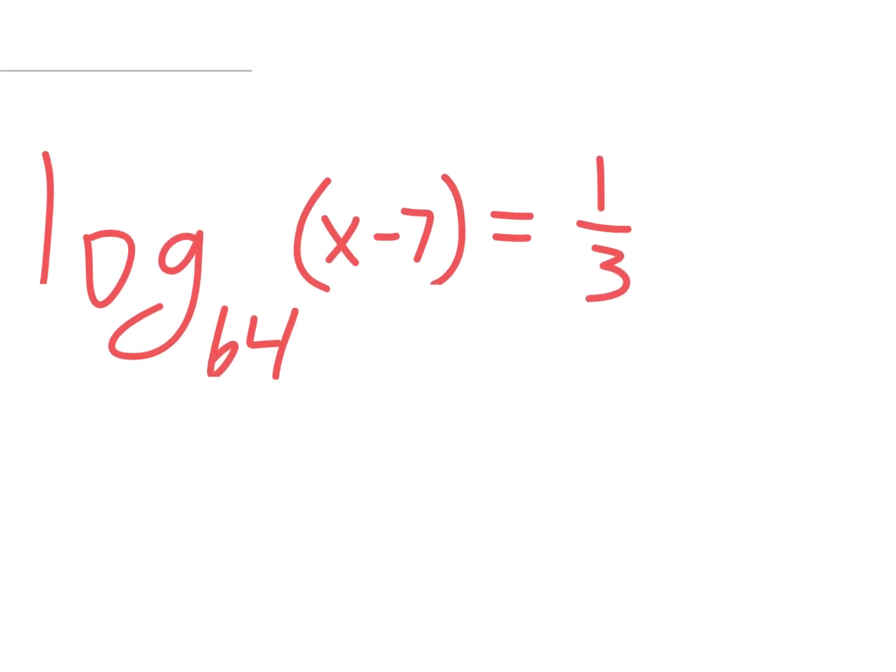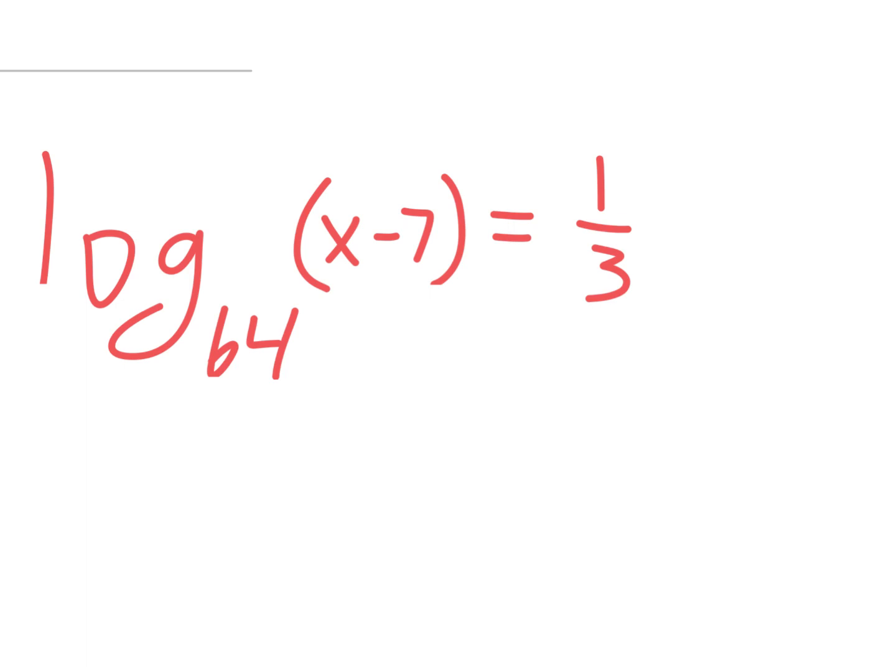Log base 64 of x minus 7 equals 1/3. Is the x minus 7 in the argument kind of like I did it? Excellent. Okay, so then it's a rewrite right off the bat.